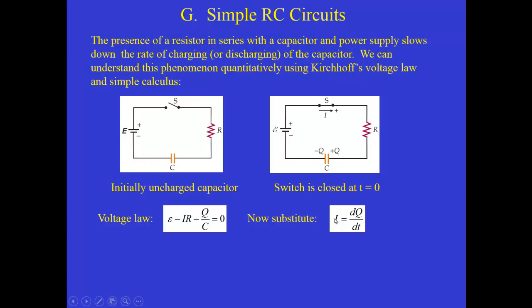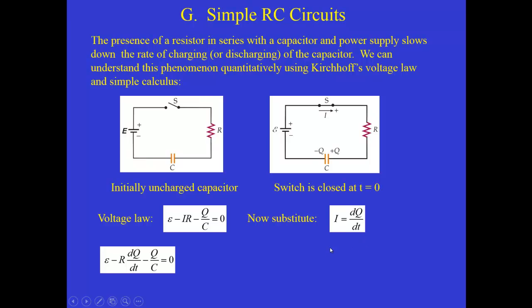The reason we have to think about that is I in Ohm's law is always defined as a positive quantity, and so we want to make sure that dQ/dt is positive here. If we were dealing with, let's say, a discharging circuit where the charge was decreasing with time, we would have to insert a minus sign into that equation.